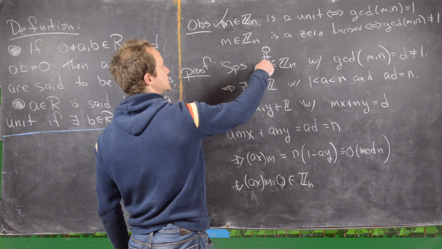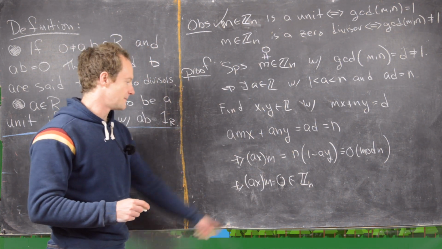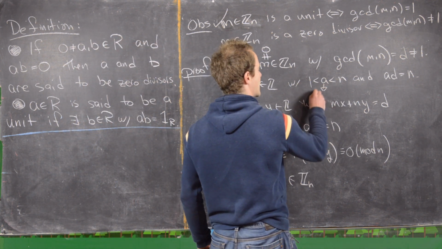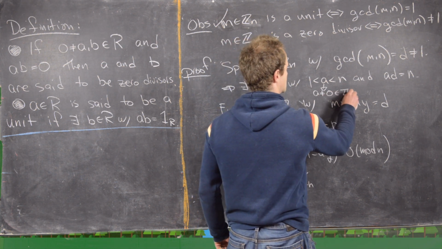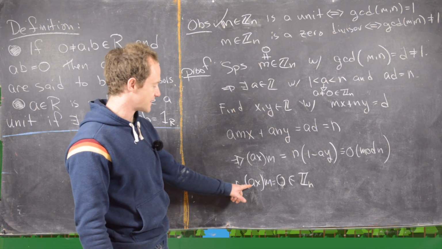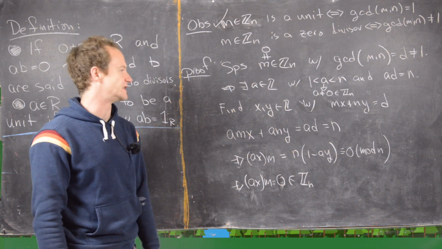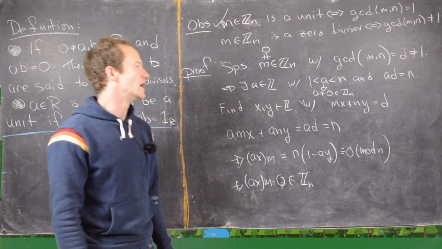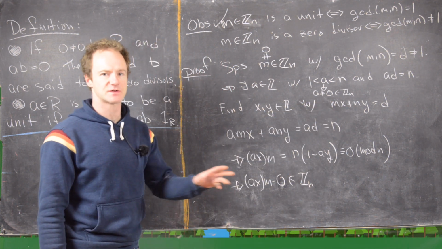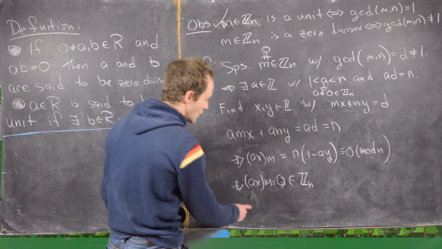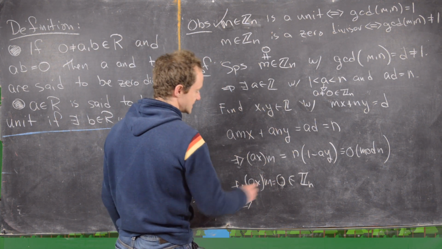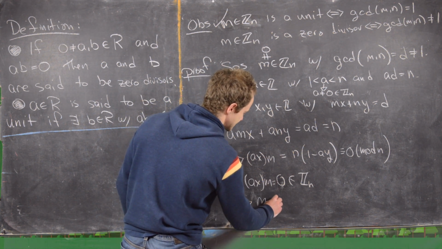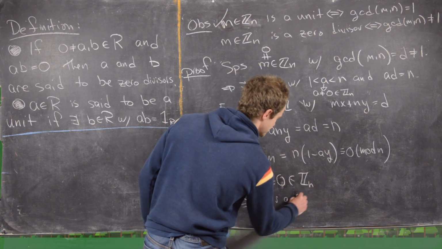We have m, which is not equal to 0 in Zn, and a is not equal to 0 in Zn from this rule right here. But then you can check by some number theory that a times x is not equal to 0 in Zn. That follows from the fact that you can get control over the GCD of x and y up here. So I'll leave it to you to think about that. So what we end up with is two non-zero numbers in Zn that multiply to something that is 0 in Zn, which tells us that m is a zero divisor.